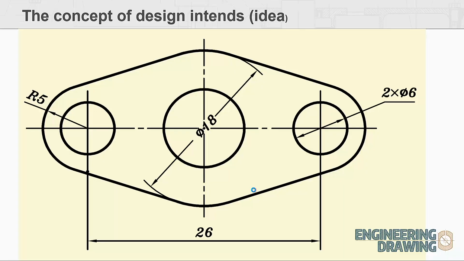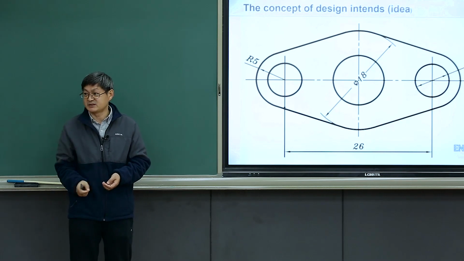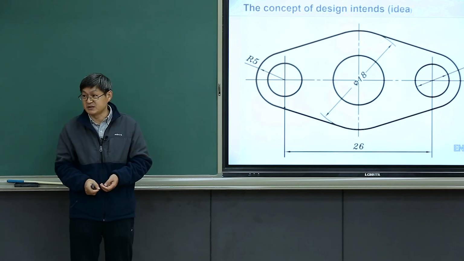But if we change the central distance, of course, the length of the tangent line should change accordingly. It is not that we change the length of the tangent line and so the central point changes accordingly. That is which one depends on what. So we just dimension the direct size, not the dependent elements.